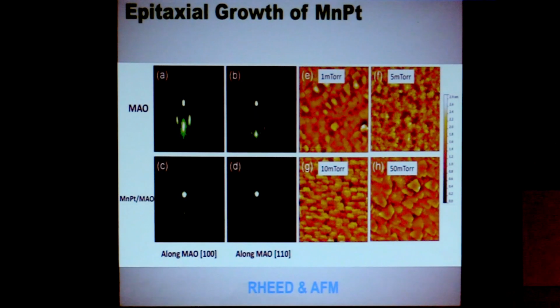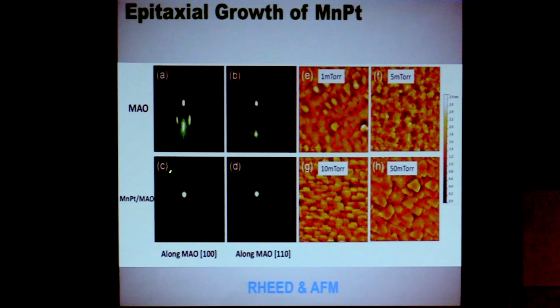But we could find some suitable substrate with high temperature thermal stability. For example, manganese platinum is a conventional antiferromagnetic intermetallic alloy. We could successfully grow it on this magnesium aluminum oxide, a bilayer oxide substrate.